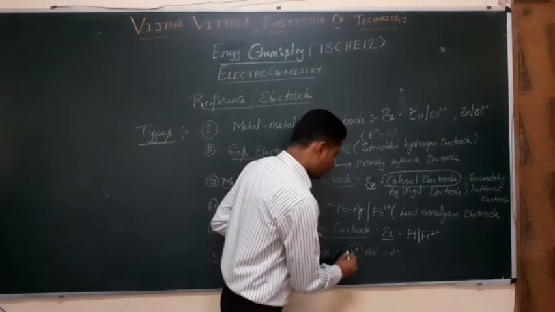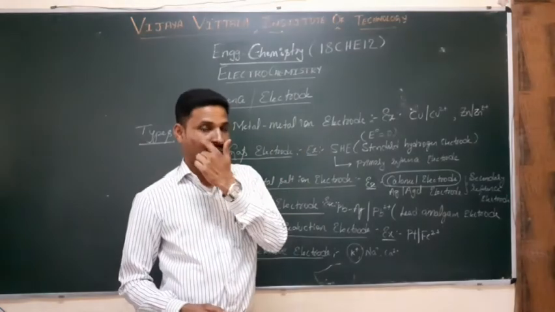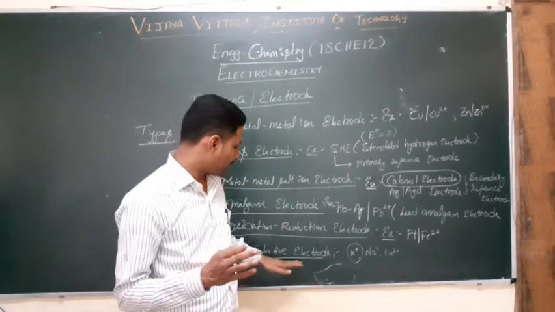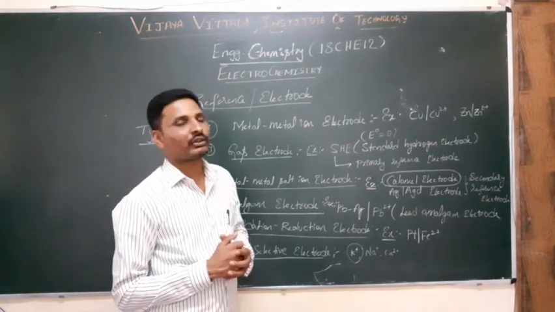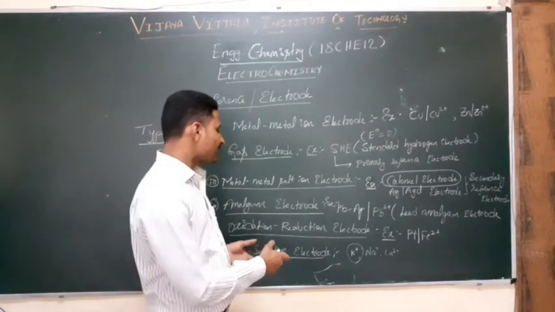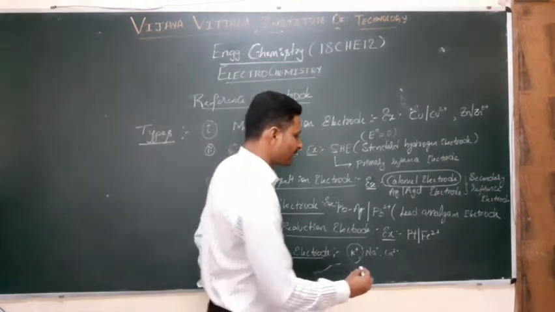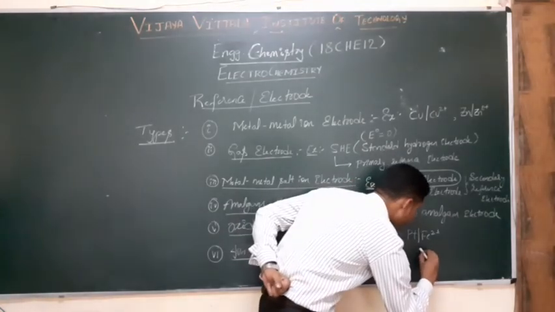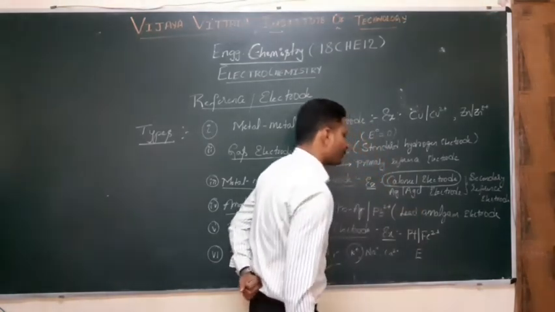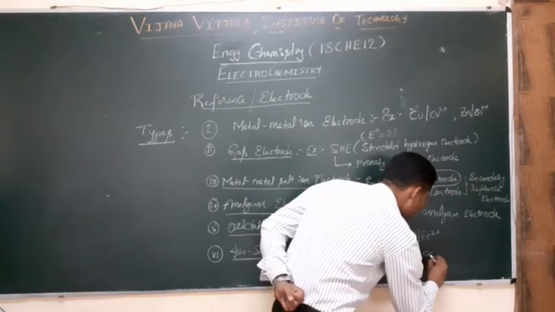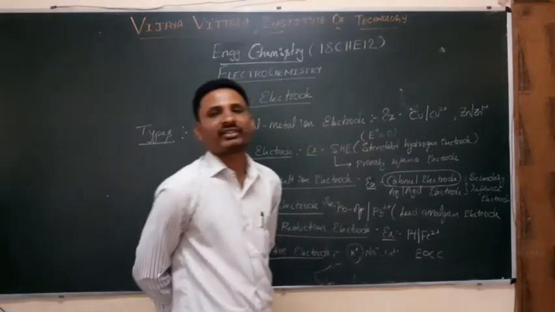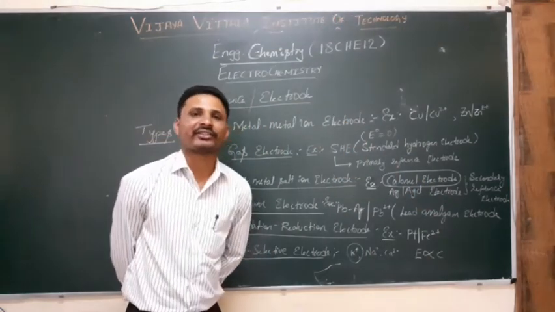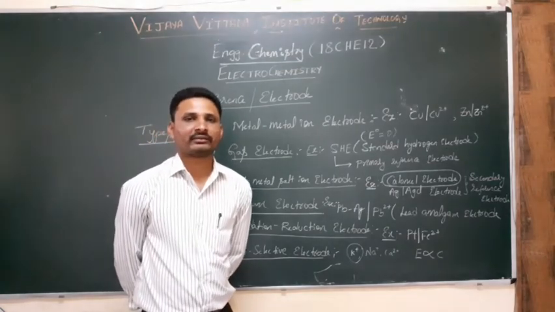Only this I am going to find out, K+ ions. So in that case we use an ion selective electrode. And whatever potential is developed is directly proportional to the concentration of those ions. Understanding?